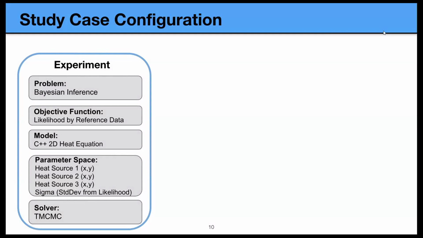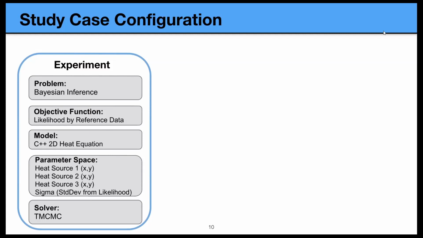Okay? So again, in the experiments of Bayesian inference, we use the likelihood by reference data as before. The model will be a C++ 2D heat equation, and this exists, and we will see it working. And the parameter space will be 7 variables. They are the x and y of heat source 1, the x and y of heat source 2, and the x and y of heat source 3, plus sigma, which is the error that our model gives.